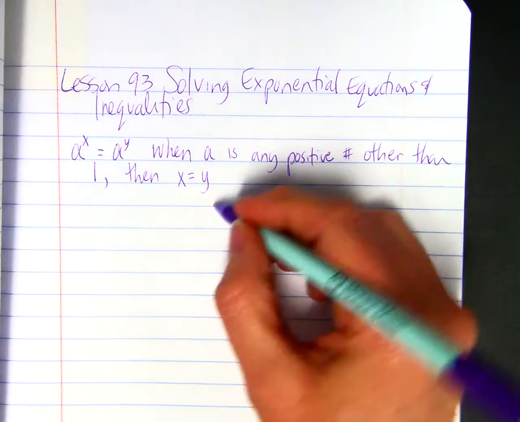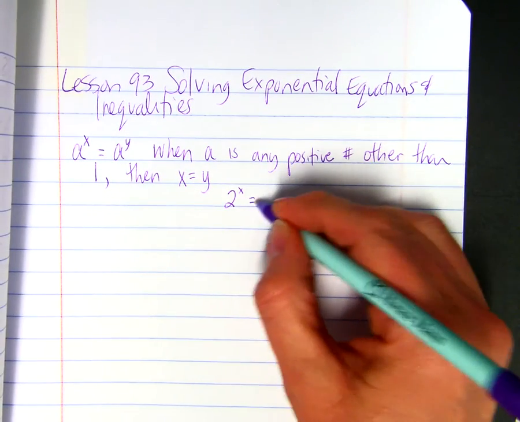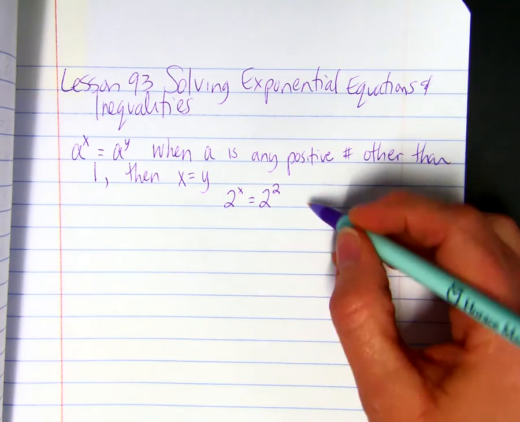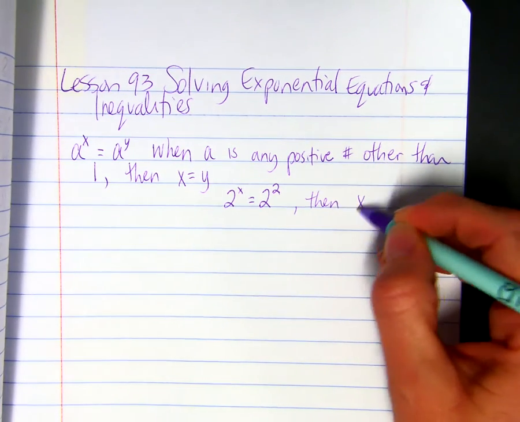So for instance, if you had 2 to the x power equals 2 squared, then we know that x will be equal to 2.